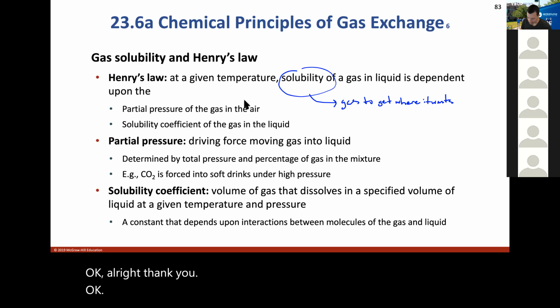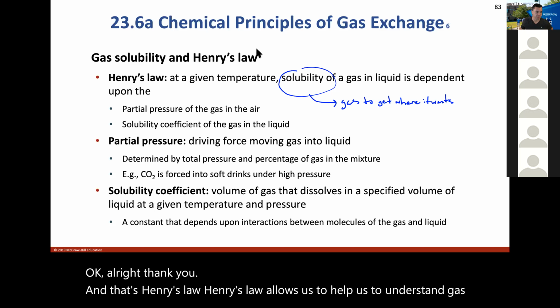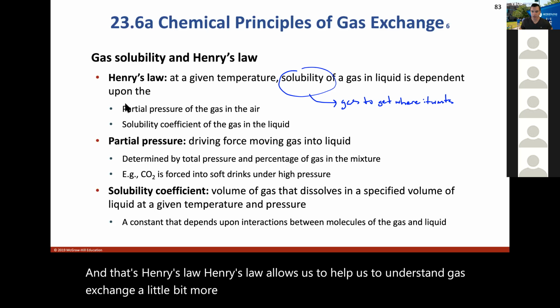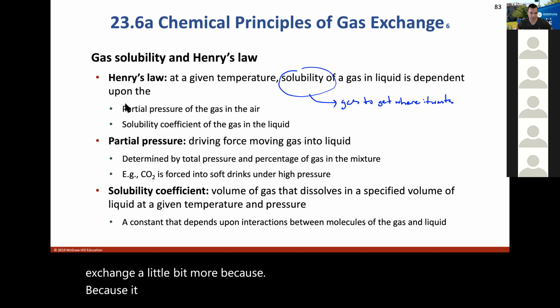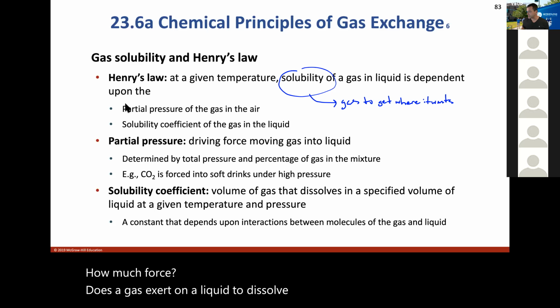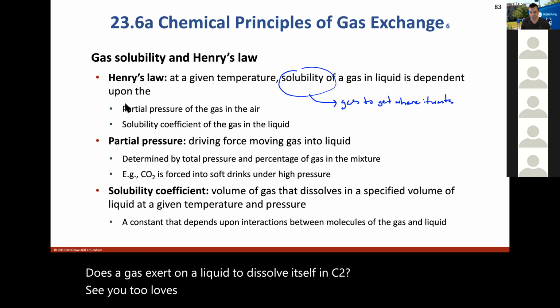And that's Henry's law. Henry's law helps us understand gas exchange a little bit more because it talks about solubilities. It looks at partial pressure and it takes into account heat. How much force does a gas exert on a liquid to dissolve itself? And CO2 loves to be dissolved in liquids.